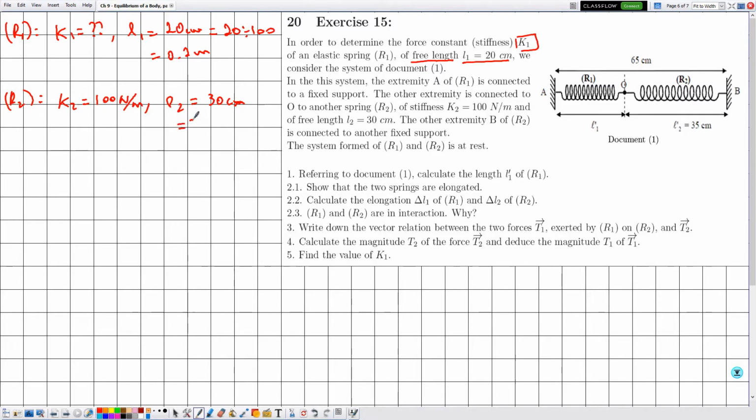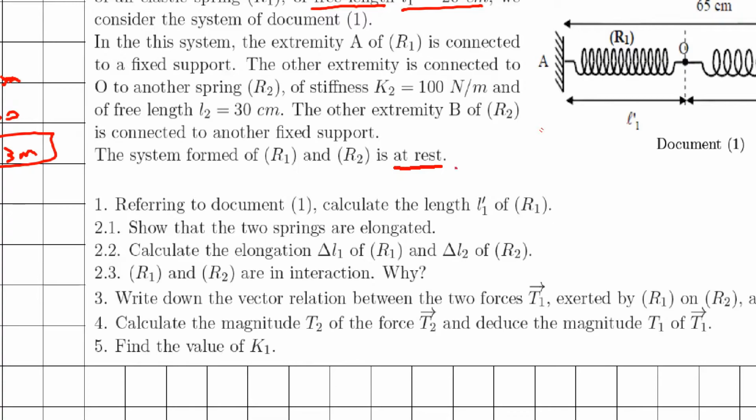Then 30 divided by 100 is equal to 0.3 meters. So these lengths are the free lengths. The other extremity B of R2 is connected to another fixed support. Then here in this case, the system formed of R1 and R2 is at rest. Then recall that at rest means it is at equilibrium.